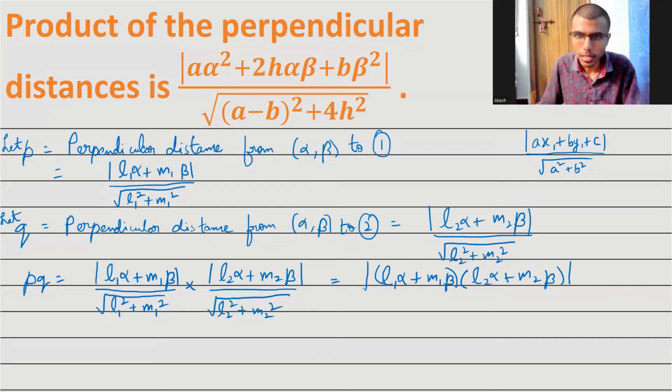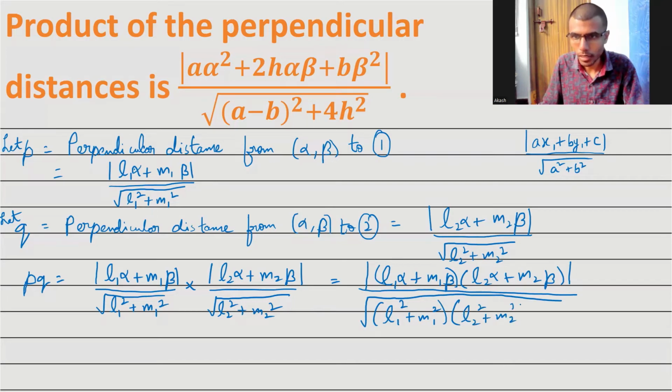Okay, you can just cut it short like that. And then here, root A into root B, I can write as under root of AB. So I can just put a bigger root and multiply both of them. I have L1 square plus M1 square into L2 square plus M2 square.